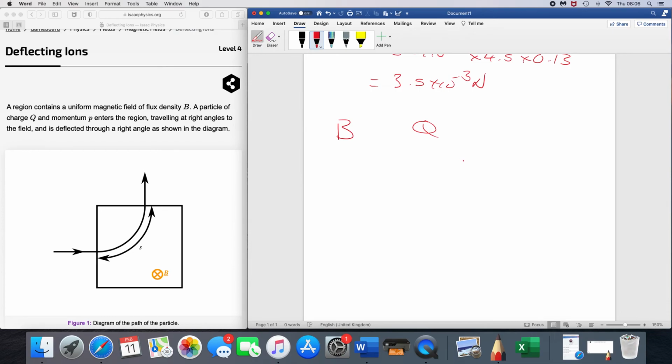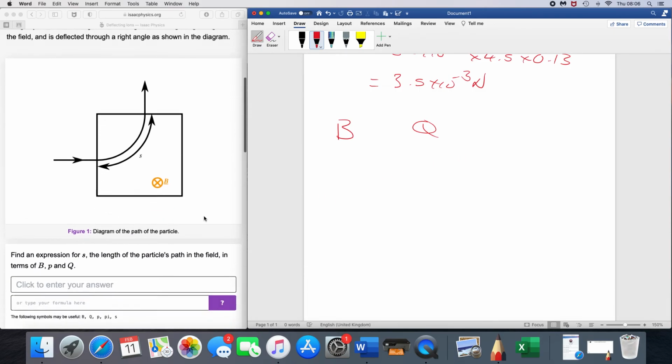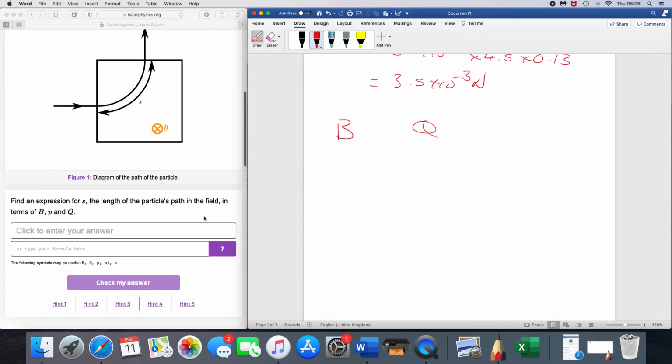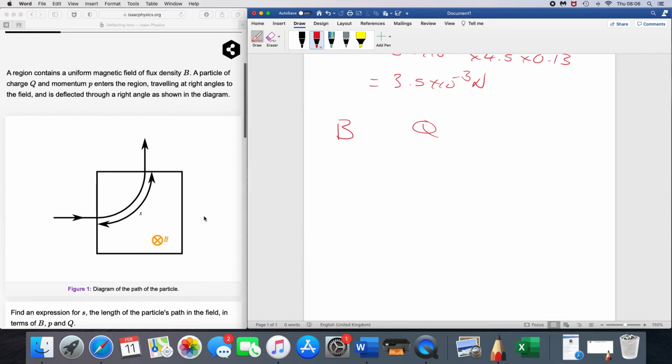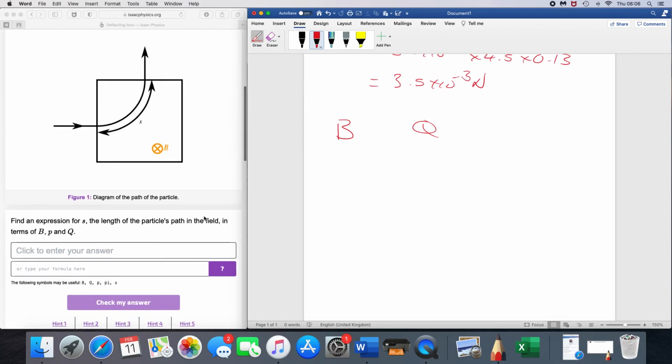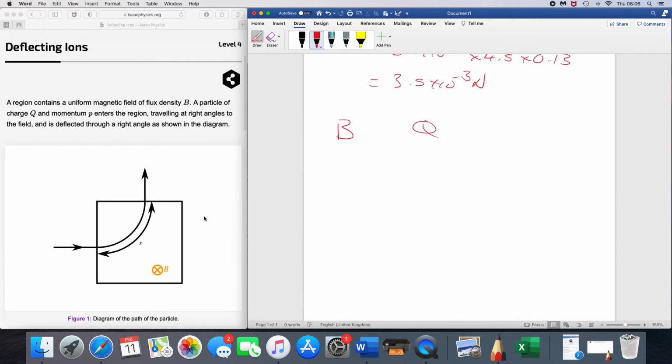So we have the field going into the page. Find the expression for S, the length of the particle's path in the field, in terms of B, P, and Q. We have a momentum P. I missed that, which of course is MV.